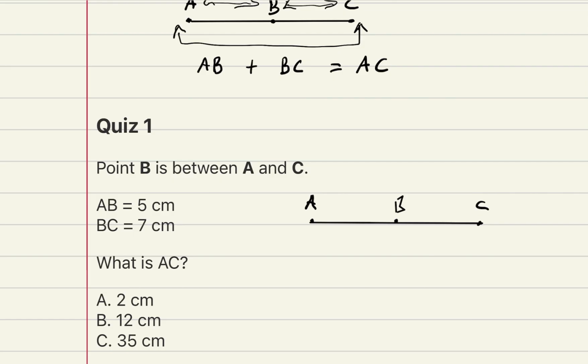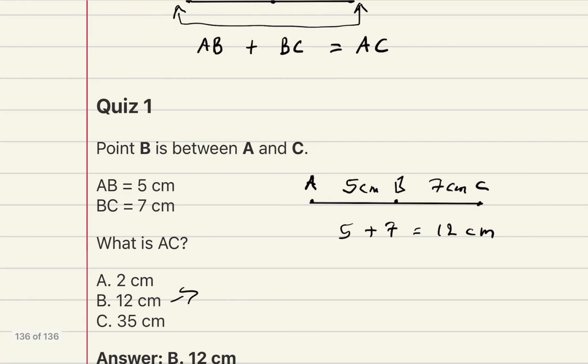Okay, and they're telling us that AB is equal to 5. So this is 5 centimeters, and BC is equal to 7 centimeters, right? And now, of course, we know that 5 plus 7 is equal to 12 centimeters. So our answer would be 12 centimeters.